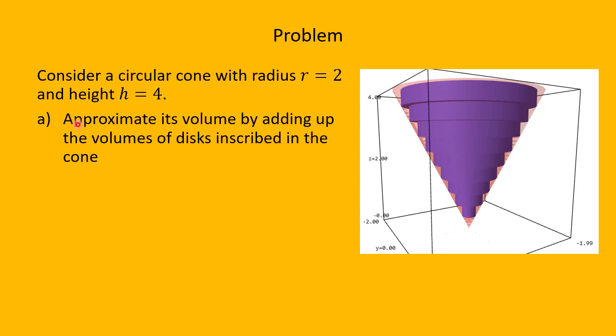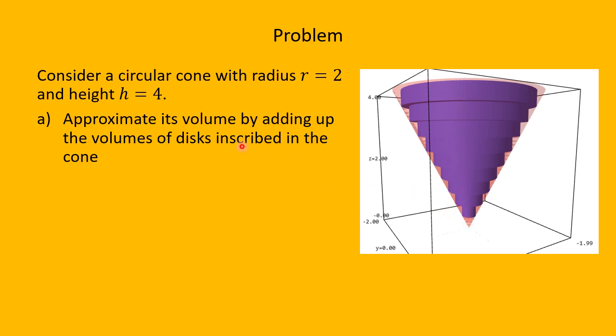Part A, let's approximate its volume by adding up the volumes of disks inscribed in that cone. And in this case, we're going to have one disk down here of radius 0, actually. 1, 2, 3, 4, 5, 6, 7, 8, 9, 10. So we have 10 disks, including a disk of radius 0 down here.